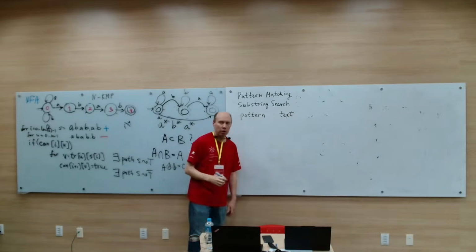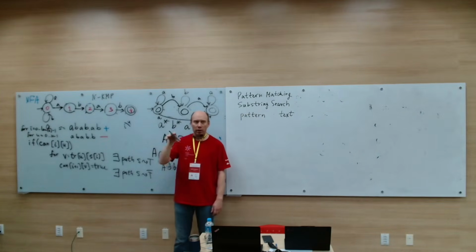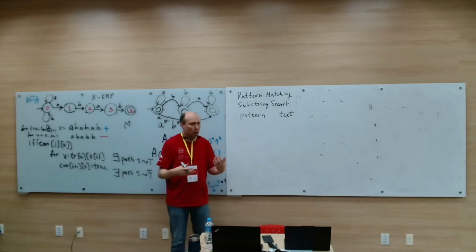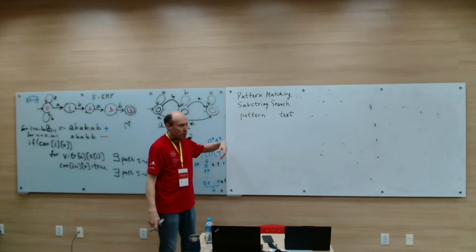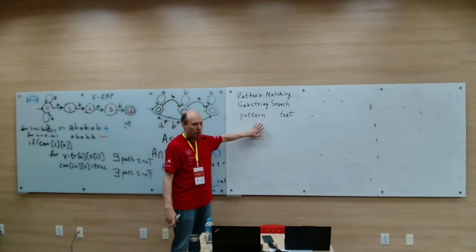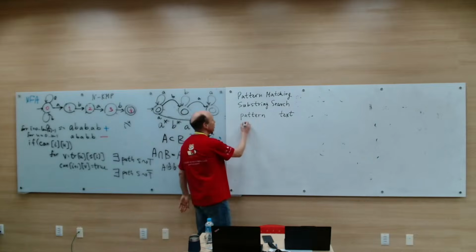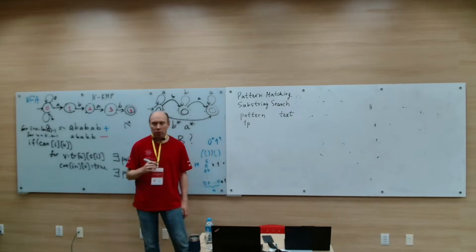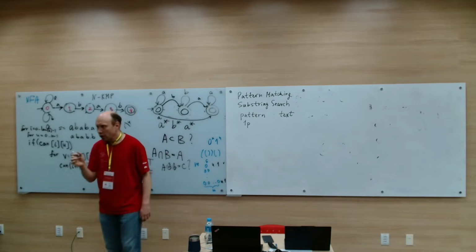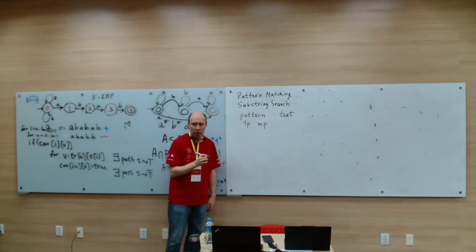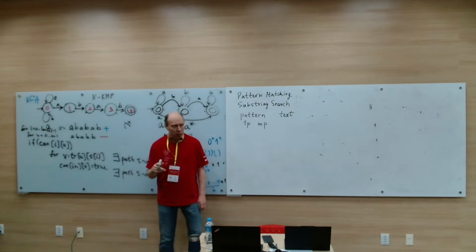Text is the string in which you are looking for the pattern. Yeah? So the setup is defined by the following options. First of all, there can be one pattern. I will denote it as 1p, one pattern. Or multiple patterns. I will denote it as multiple. Similarly, there can be one text.